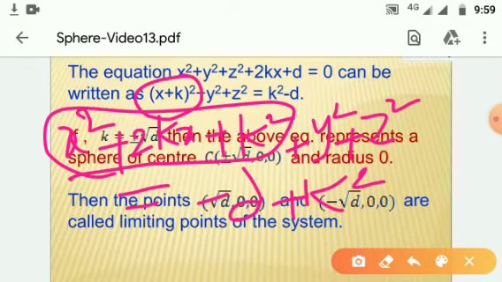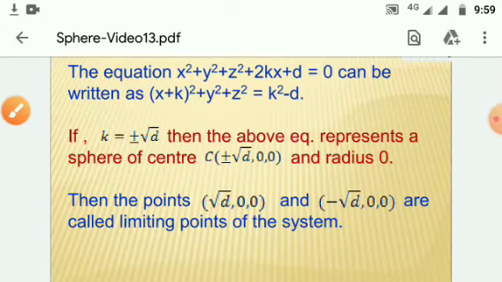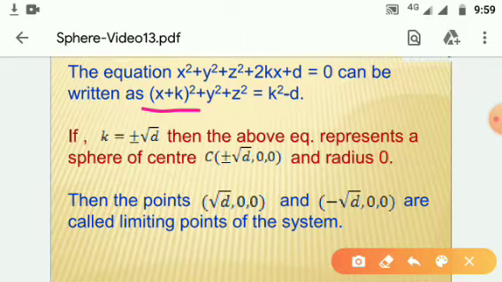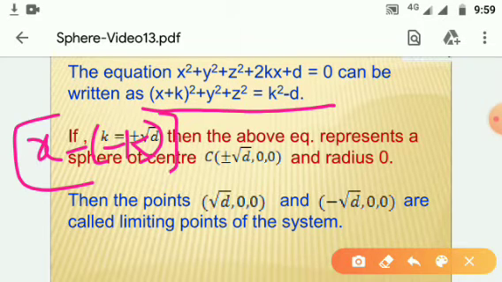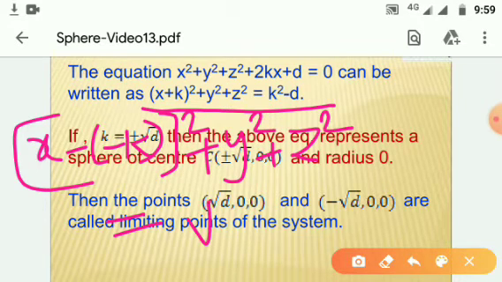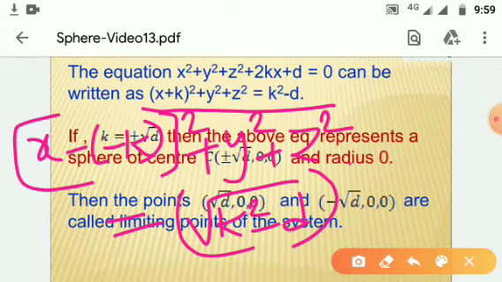Plus y square plus z square is equal to minus d plus k square, which is nothing but k square minus d. So finally you can write: x plus k whole square plus y square plus z square is equal to k square minus d. So this can be written like this: x minus of minus k whole square plus y square plus z square is equal to root k square minus d whole square.